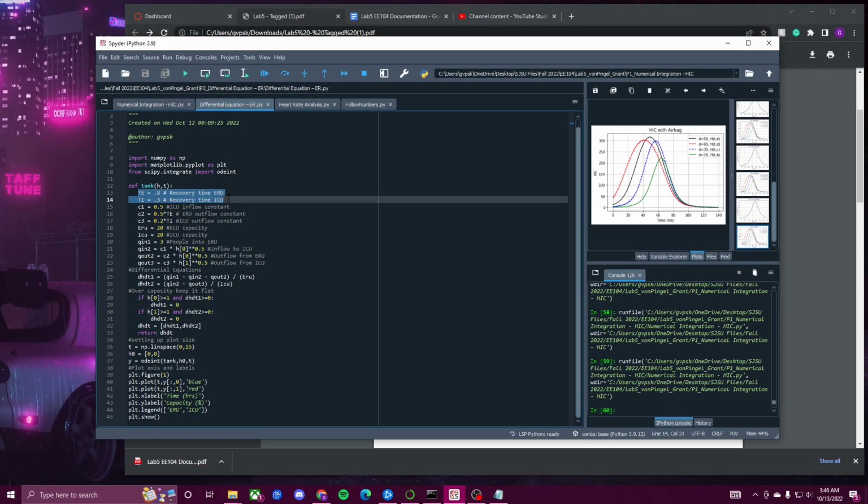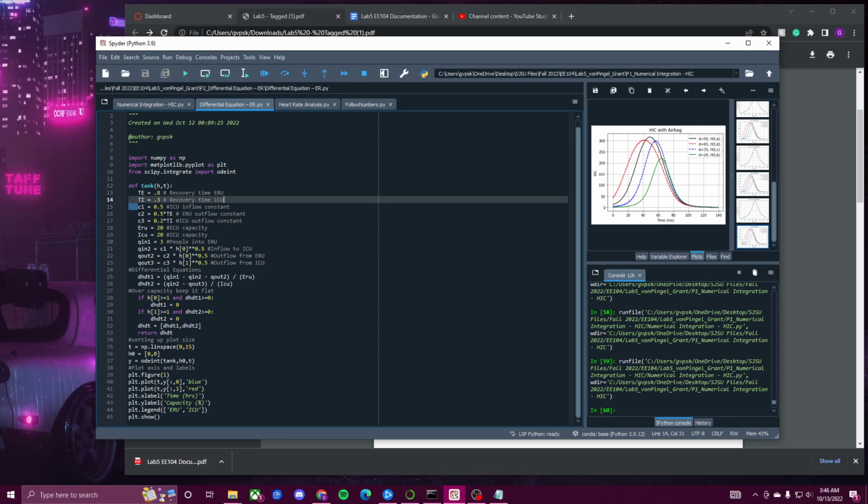okay, so these two are recovery time for ERU and ICU. And then C1 is inflow into the ICU, and C2 is outflow of the ERU, and C3 is the outflow of the ICU.